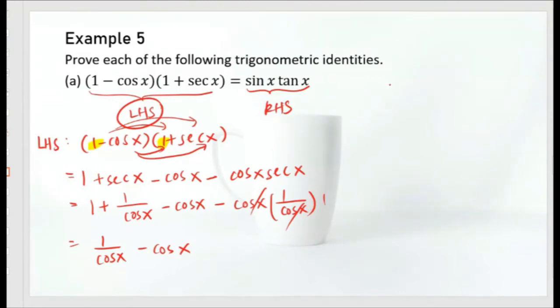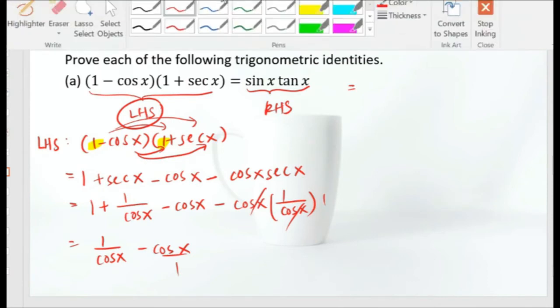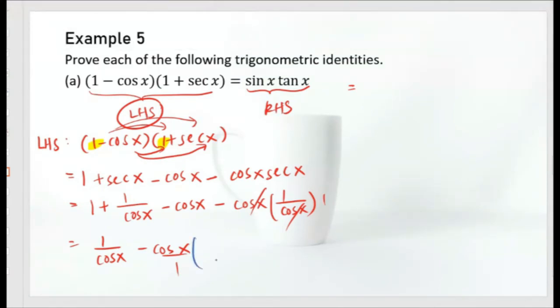So after this, we cannot leave it like this, because this is not what we want. So we have to continue. This one is over 1. We have to make the denominator the same. How to change 1 to become cos x? You have to multiply up and down with cos x.